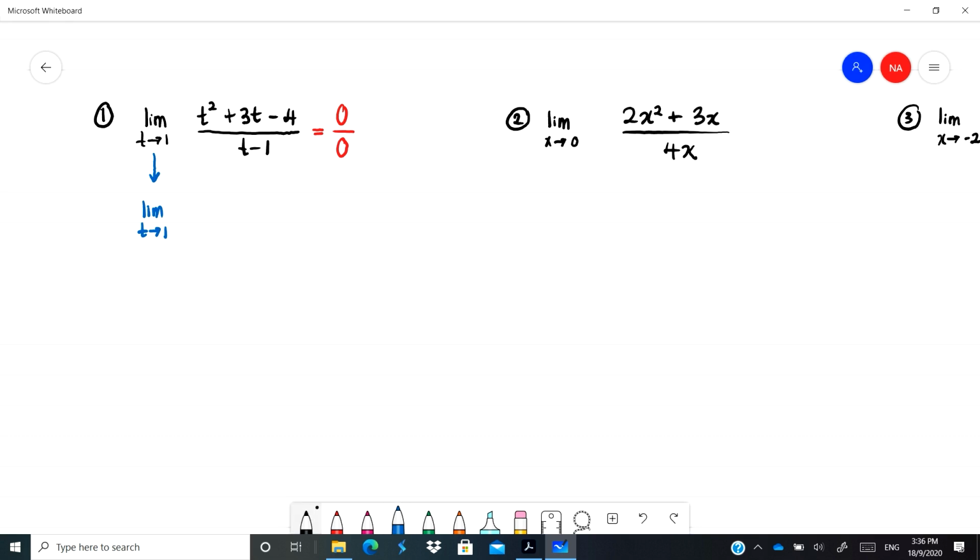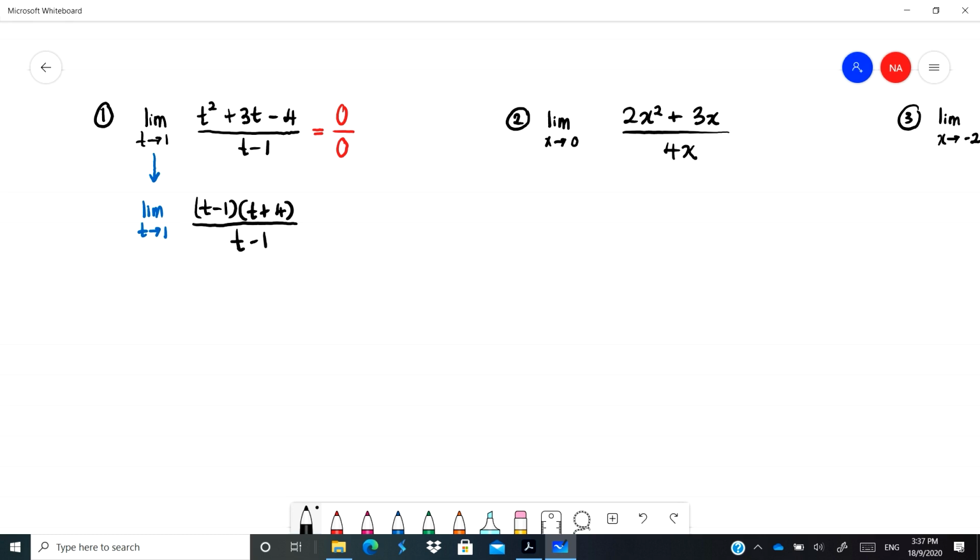What we need to do is factorize the upper part first. So t squared plus 3t minus 4, you can even factorize using your calculator, and you will get t minus 1 and t plus 4. The lower part, which is the denominator, remains as t minus 1.